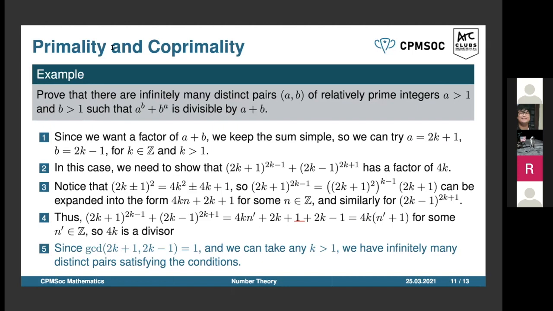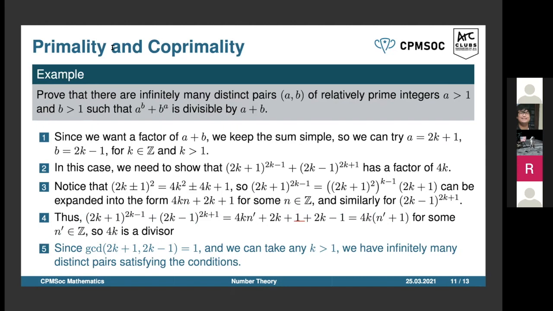There are many other solutions, by the way. I've seen another one where, instead of 2k plus 1 and 2k minus 1, they just take powers of 2, which is kind of a subset of this solution. There are other ones where you take one of them odd, one of them even, and then you can do some funky stuff with that.